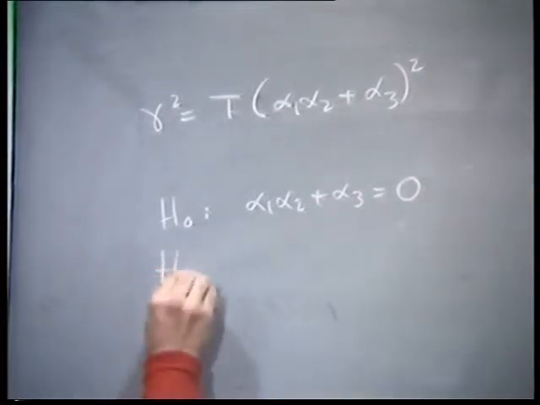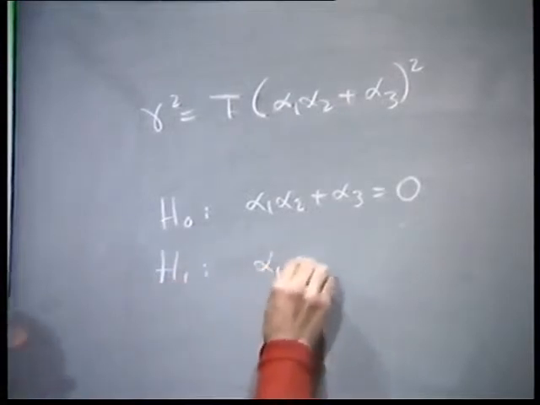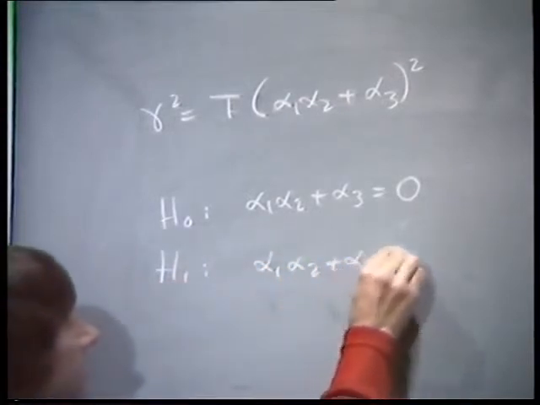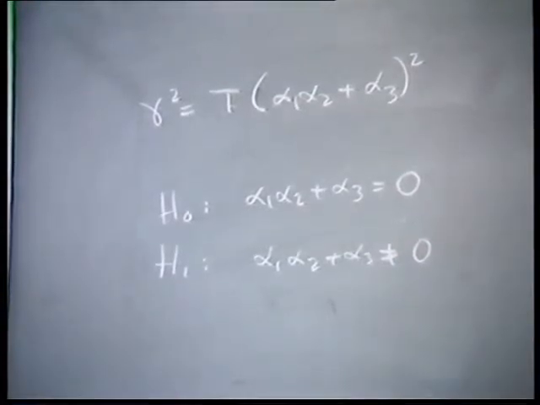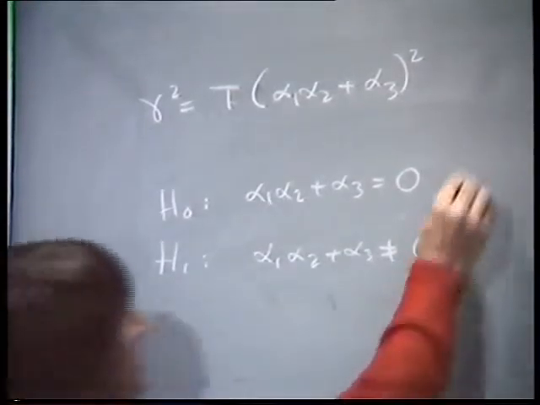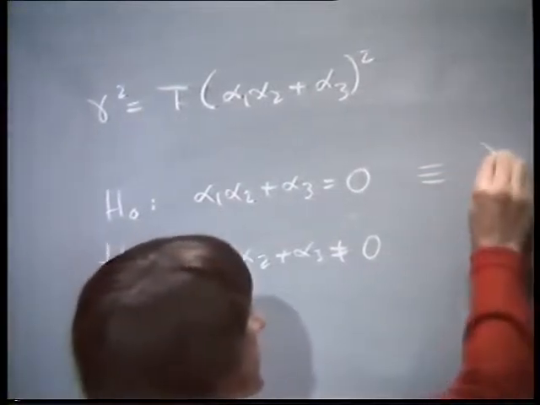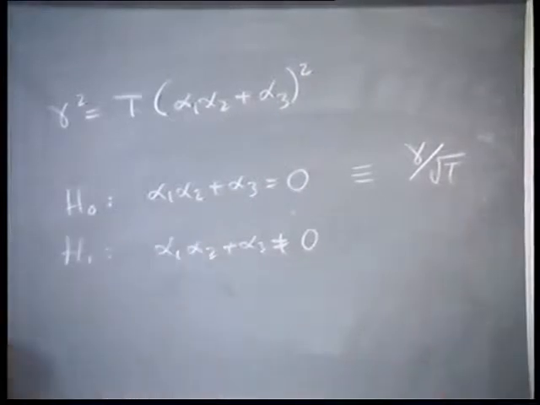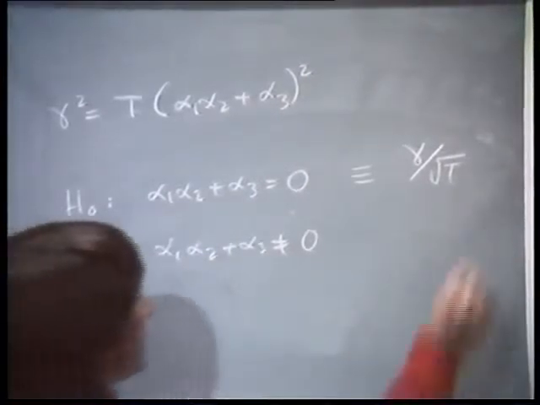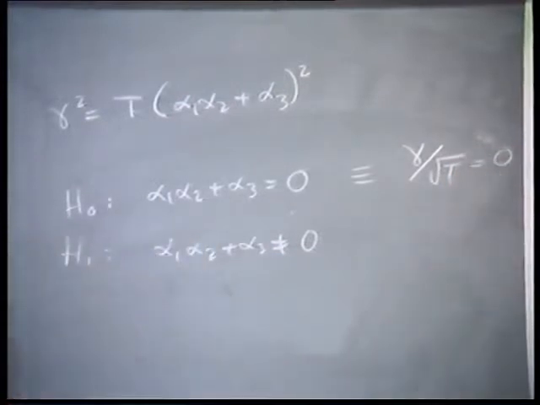I'm going to test that against the alternative that it isn't equal to 0. And that is the same as gamma upon root T being equal to 0.